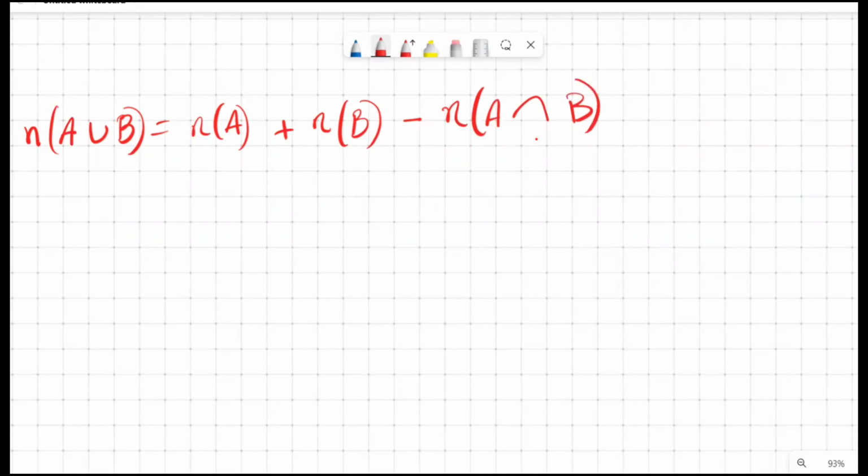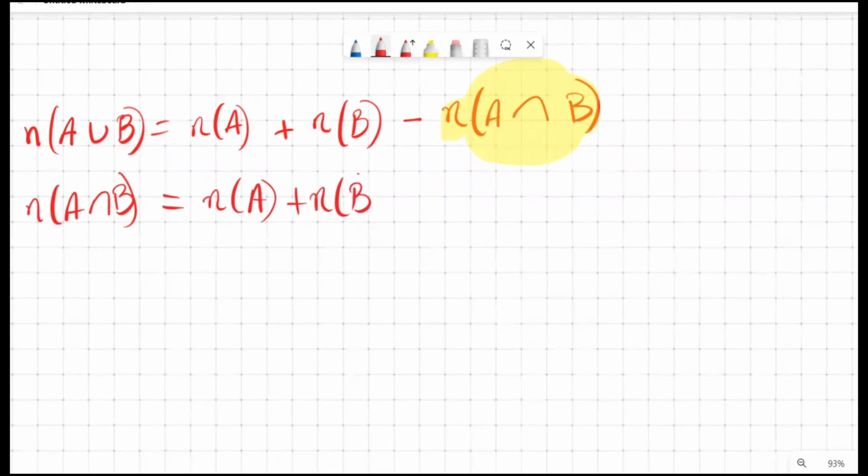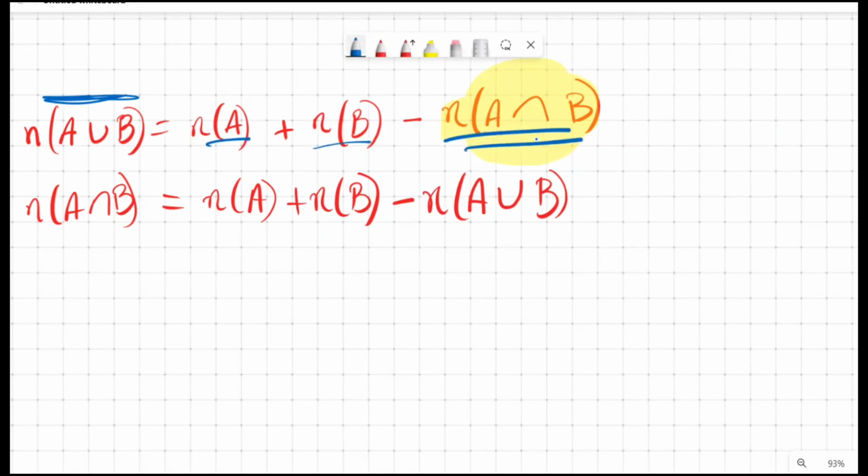Also, we could transpose. What if I wanted to find the number of elements in the intersection? You could simply transpose, because the number of elements in A intersect B is the number of elements in A plus the number of elements in B minus the number of elements in A union B. So if we're trying to find the union, you add up the number of elements in the sets and you subtract the intersection.